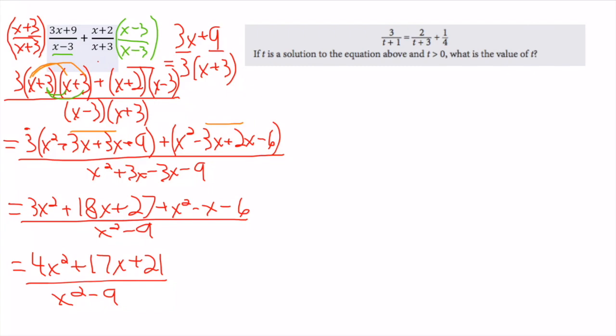There's a number of ways you can do this, but the first thing I will do is move all of these to the other side. So I'm just going to rewrite. I'll have a minus 2 over t plus 3, and I'll have a minus 1 over 4.